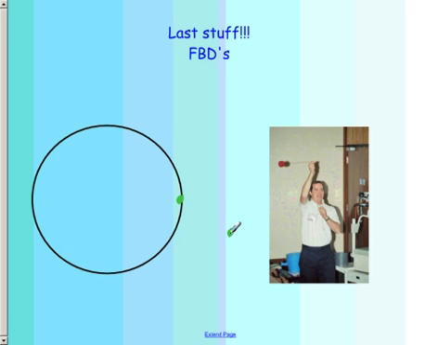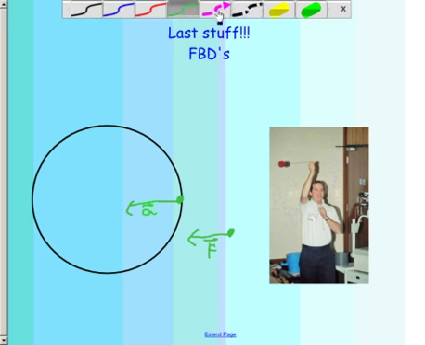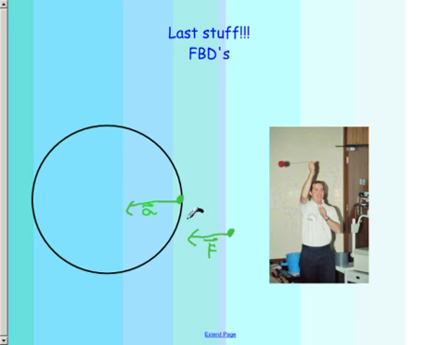From the top, what direction is the force on that ball of yarn? It's right there. Okay? And that's the direction of the acceleration, right? But here's the idea. This free body diagram does not tell you enough alone to tell you that that's circular motion. All it's saying is there's a force pushing this way.